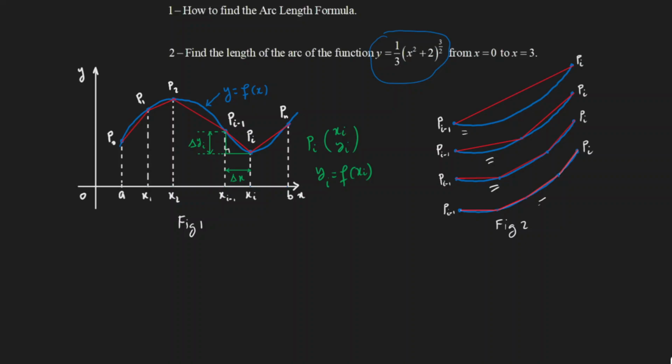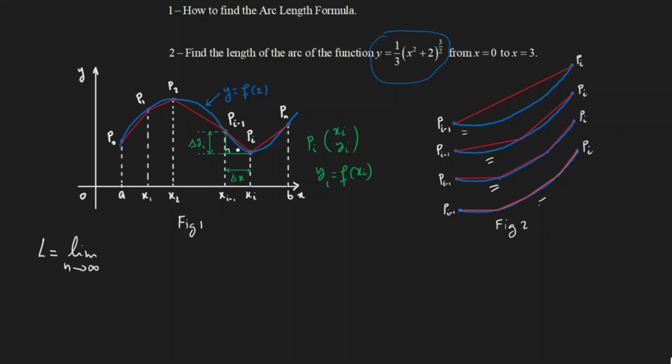So how can we write that in a mathematical way? We can just say that L, which is the length of our curve, is equal to the limit when n goes to plus infinity of the length of the polygon.